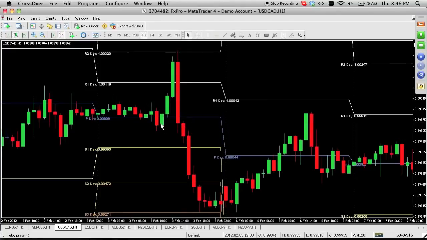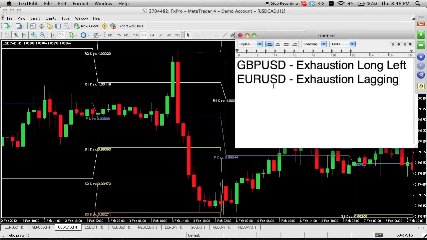So on US dollar CAD, the markets are dropping short. Markets are heavily, heavily short right now. And no formation whatsoever.